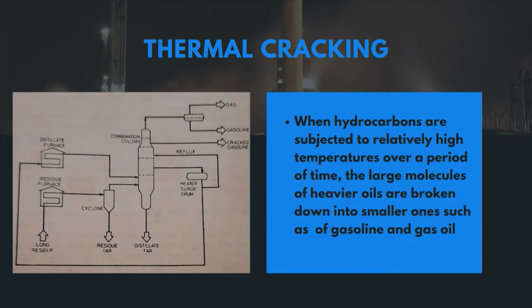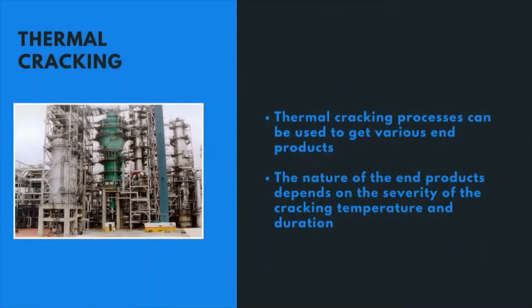So, this is a simple process where the residue is heated in a coil and finally the products are distilled. Thermal cracking can be used to get various end products. The nature of the end products depends on the severity of the cracking temperature and the duration.